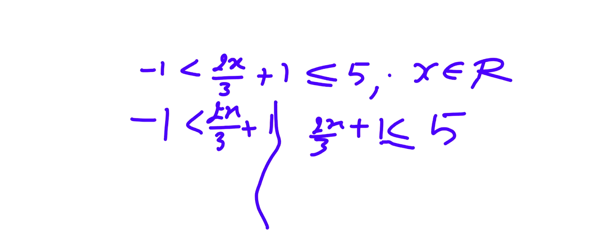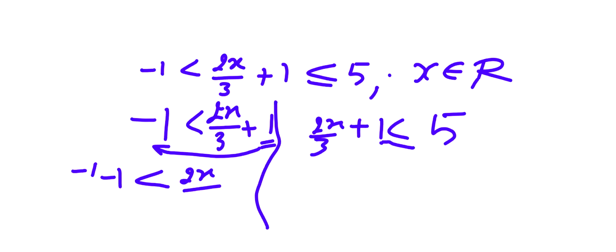It will not get cancelled, okay? It will only transpose. On the left there is minus 1, and this right-side 1 goes to the left, then it also becomes minus 1. Minus 1 and minus 1, which will be less than or equal to 2x by 3. Got it?